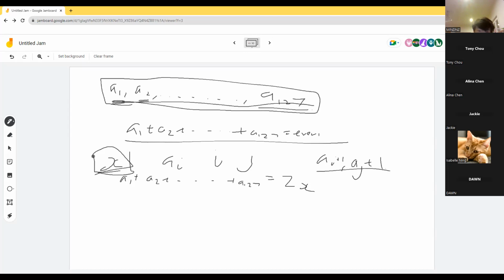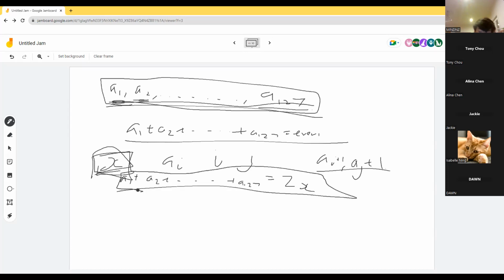So every game increases the total by 2, because it increases the total of 2 players by 1. And therefore we're already done, because the sum is equal to 2X, which is even. And if it's even, then there must be an even number of odd numbers, because if there was an odd number of odd numbers, then the sum would be odd.